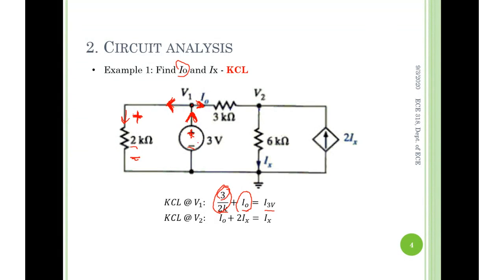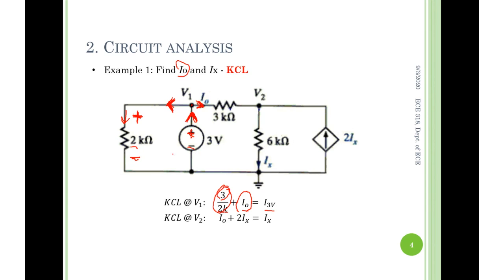And then what is the current entering the node here? Be very careful. This is the current going through this 3 volt voltage source. When we see a voltage source, what's the current of it? Unknown. Remember this.